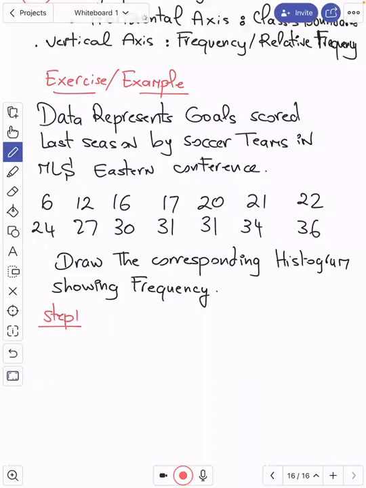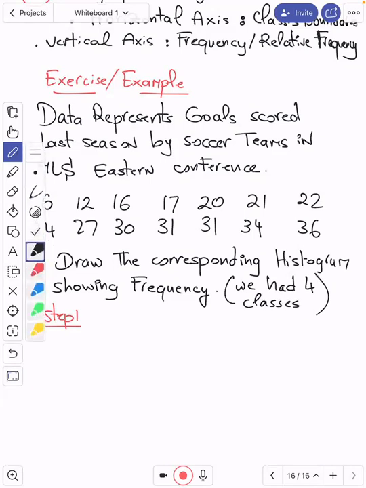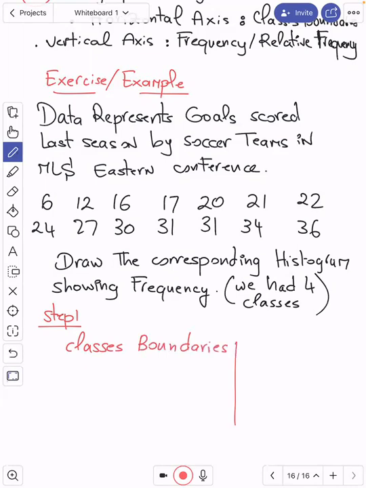In this frequency table, first we have the class boundaries, and then we're going to need the frequency, right?